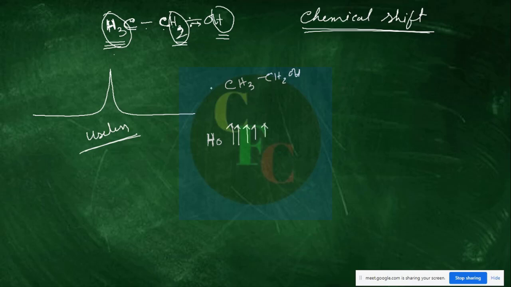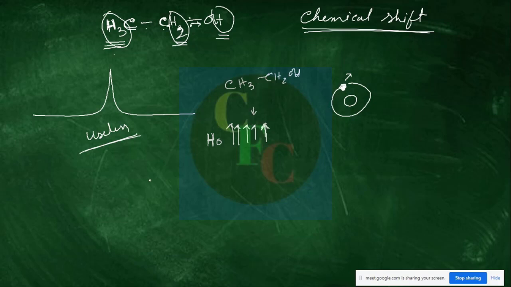They do not have the same environment, and as such they do not experience the same external field. Why is it so? Because these nuclei are surrounded by electrons. These electrons moving around, if placed in an external magnetic field, also produce a small magnetic field which opposes the external magnetic field.